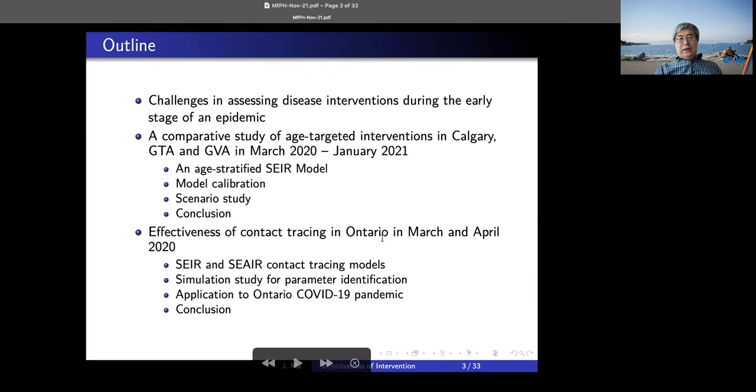One is to disentangle the control measures that targeted different age groups in major cities in Canada. The second project is about evaluating contact tracing, and we apply this method to Ontario in the very early stage of the pandemic.